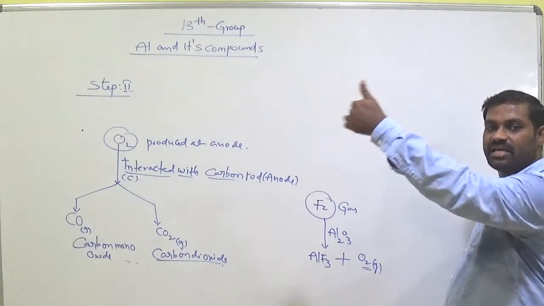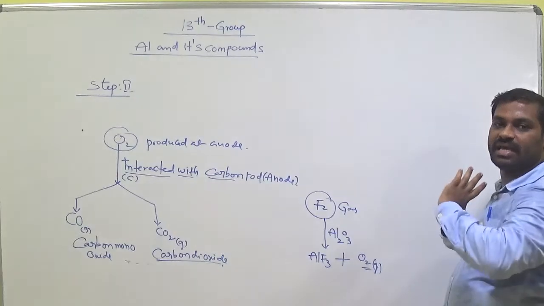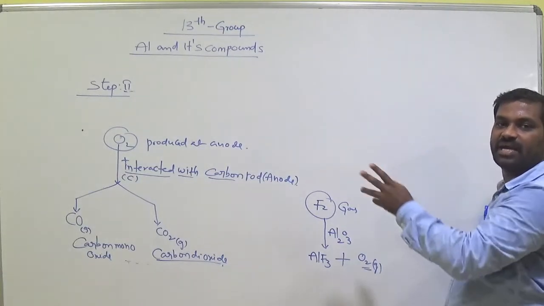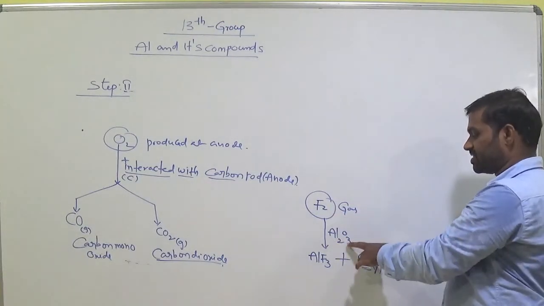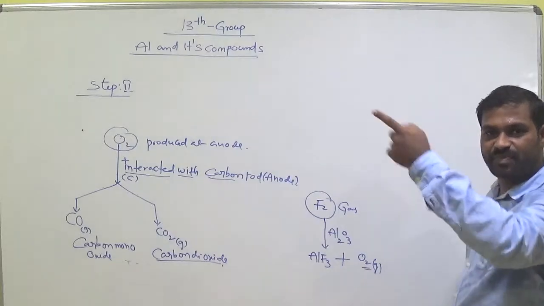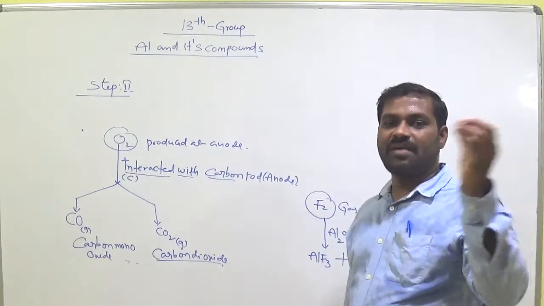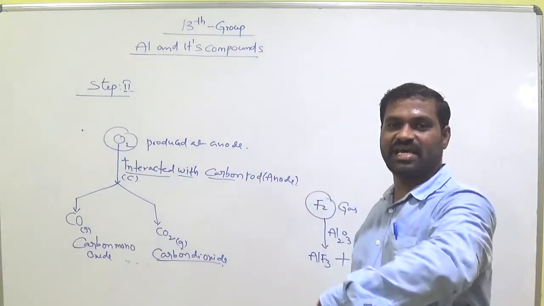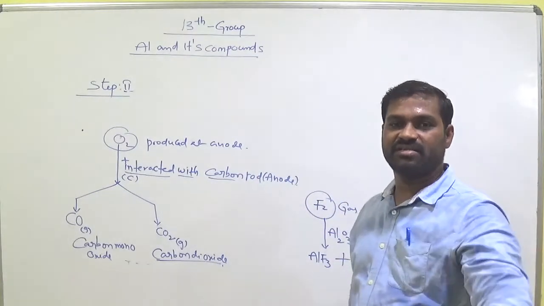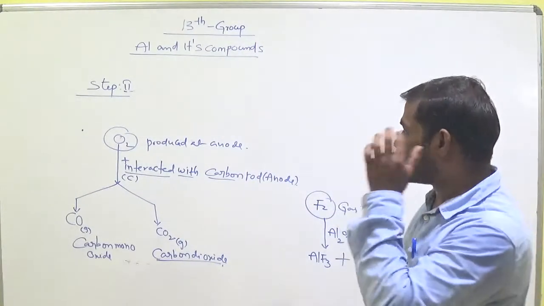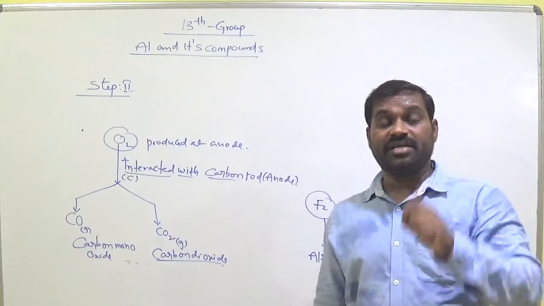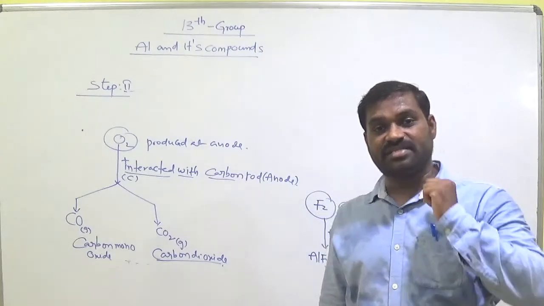That Al plus 3 moves towards the cathode and becomes Al. And F minus again becomes F2, and it again interacts with Al2O3 to form AlF3. These reactions take place continuously. So when we provide the raw material, Al2O3, in the cell, it produces aluminum again and again. Okay, is it clear? So in this process, what is the purity percentage of aluminum? 99.8%. Okay, clear?